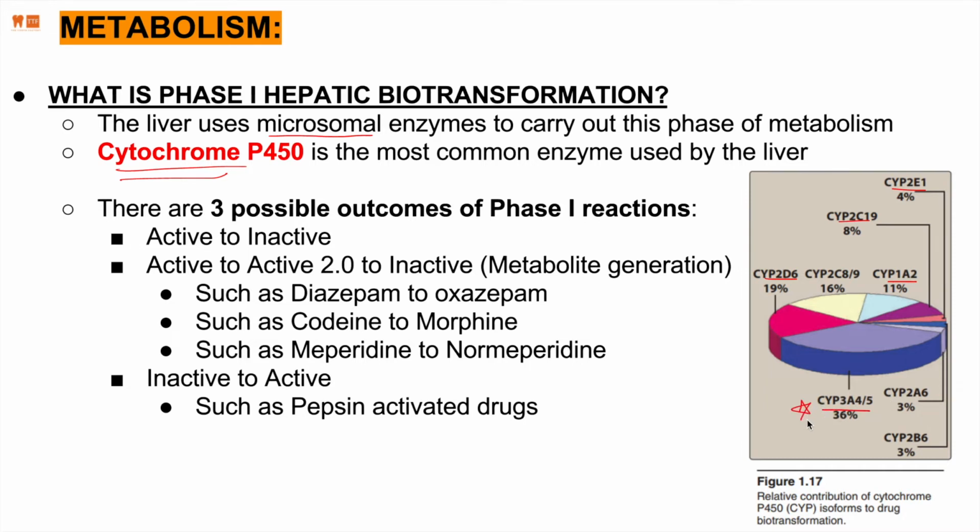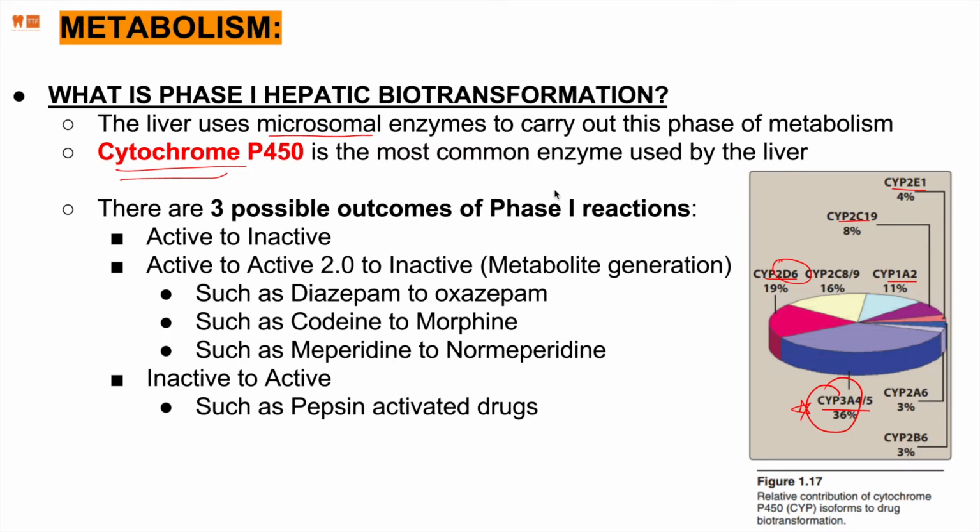Now, if you look closely, in the entire family of P450, we got 36% of 3A4 and 5. Very large component. And then comes the 2D6. So these two we'll always talk about in the next few lectures about different drugs. We'll always talk about the 3A4 and 2D6.